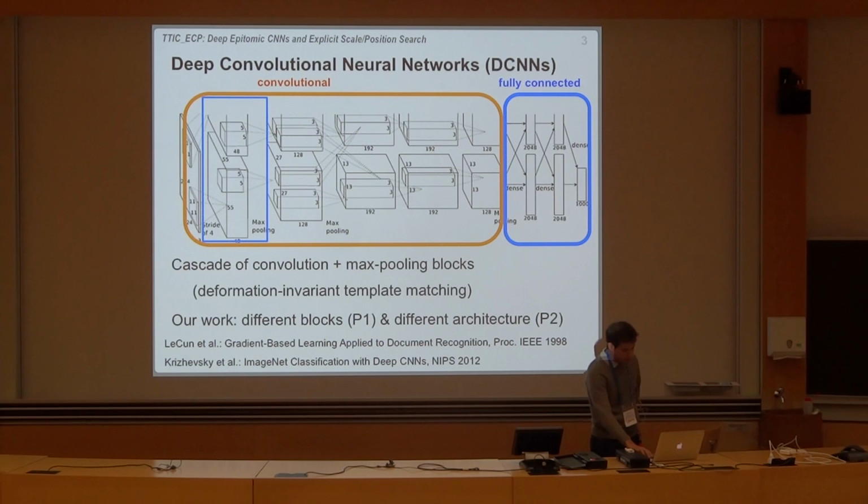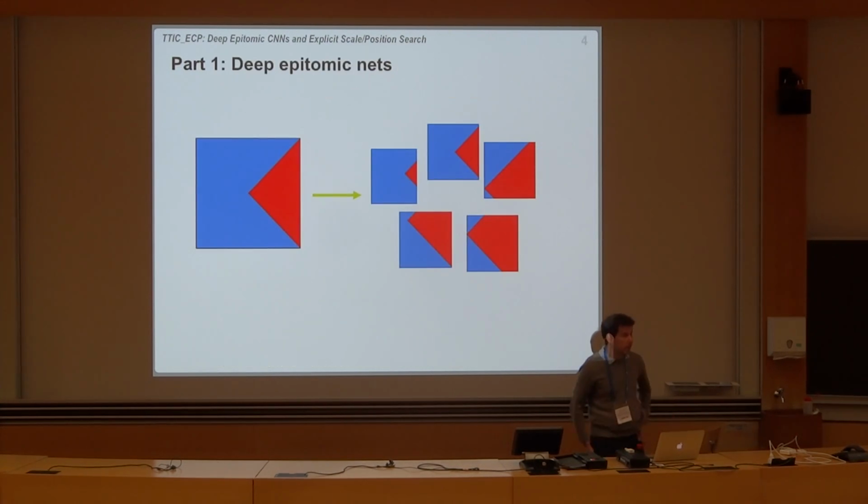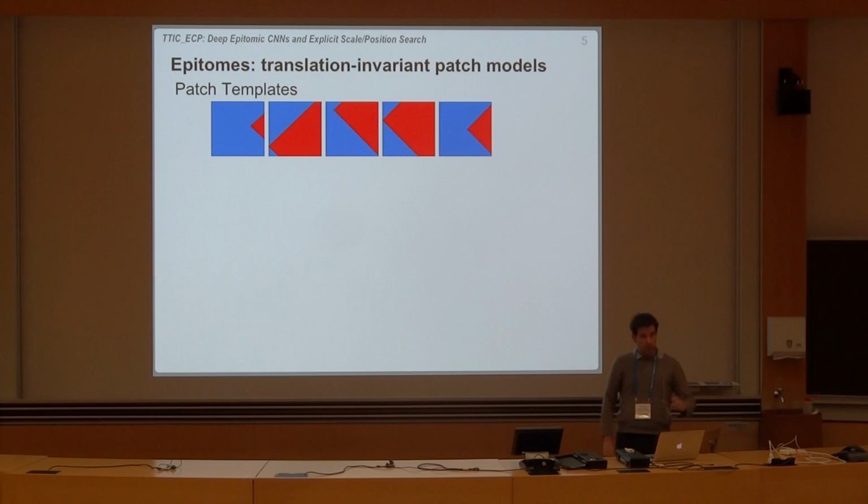So starting with part one, namely modifying the individual blocks, I'll briefly talk about image epitomes, which are the starting point, and then say how we can use this in deep learning. So let's start with the standard patch-based modeling setting. We have a corner-like structure. We want to represent it, let's say, with a dictionary for this structure, or this could be filters if we're talking about a deep net.